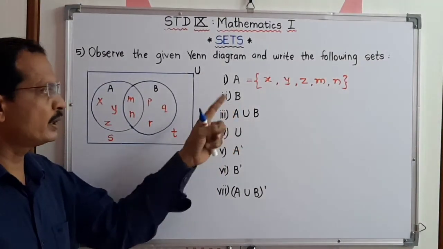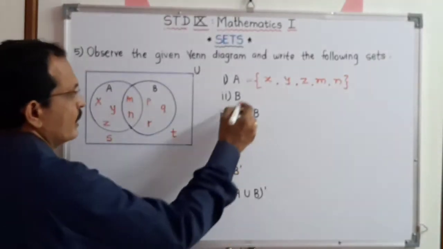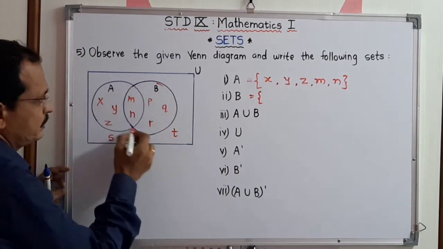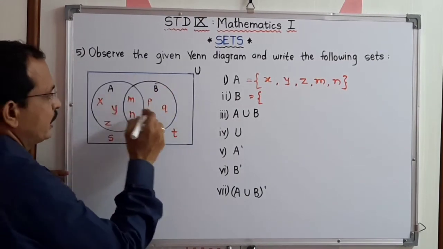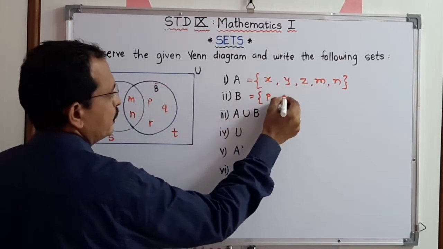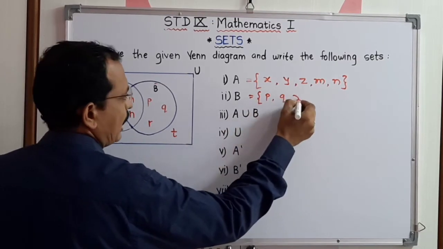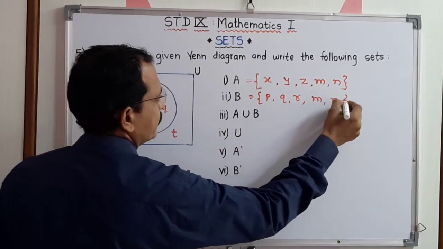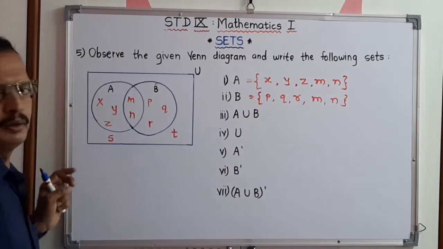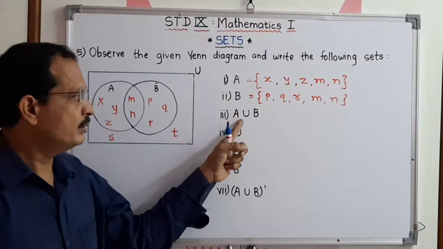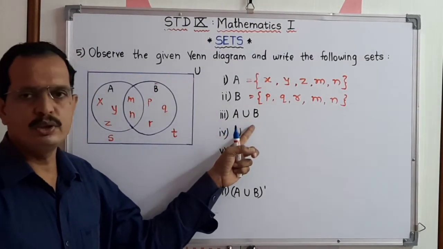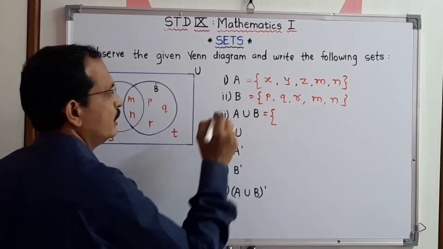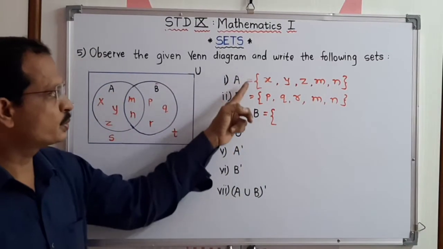Now we have to write the elements of set B. The elements of set B, the part written in a circle, are P, Q, R, M and N. Then the third one is A union B. We have to write the set A union B. These two sets are given.